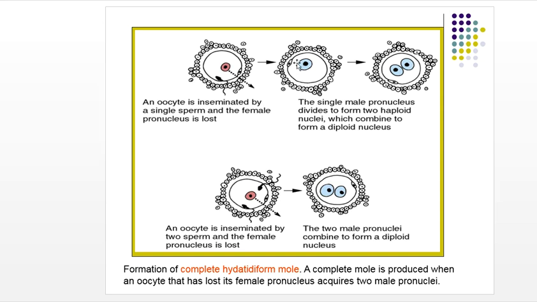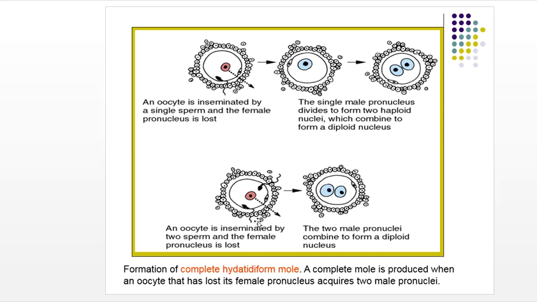As a result, we have a single male pronucleus. This single male pronucleus divides and the nuclei combine to form a diploid nucleus. But here we have only the paternal genome. As a result, only the placenta is formed in this embryo.